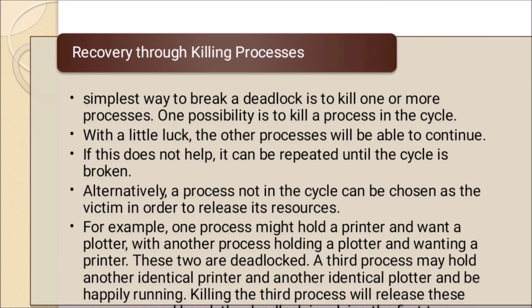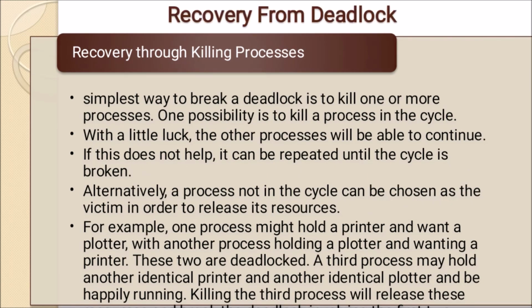The next one is recovery through killing processes. The simplest way to break a deadlock is to kill one or more processes. Obviously, the easiest way is to kill the process due to which the deadlock happened.